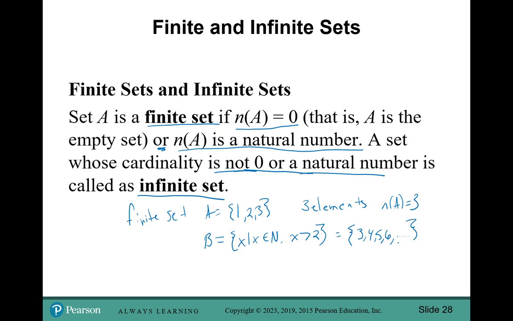And you couldn't count the number of elements in that set because the number of elements in that set is infinite. So there are infinite elements, and they cannot be counted. This is what's called an infinite set. This is a finite set because I can count the number of elements in it. This is an infinite set.